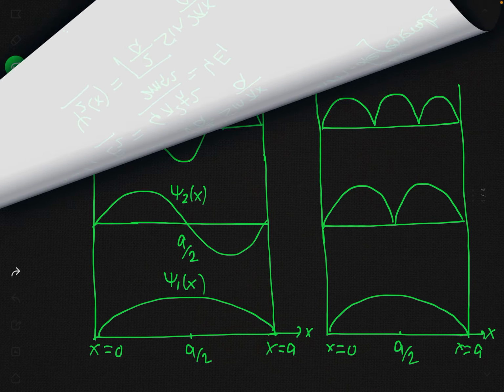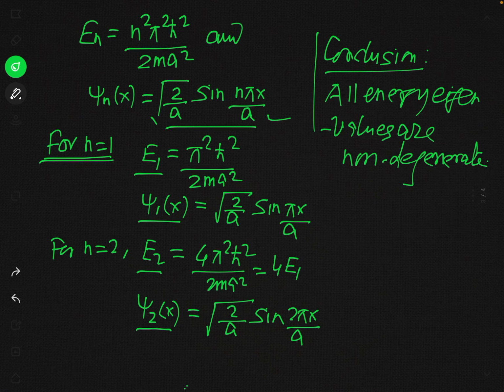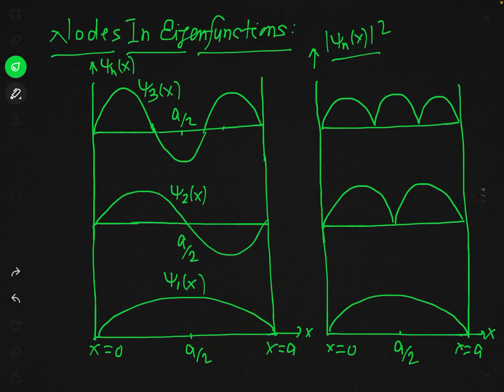On the basis of this eigenfunction, which is defined here, you can plot, and you will see that for n equal to 1, that is the ground state, the curve is like this.